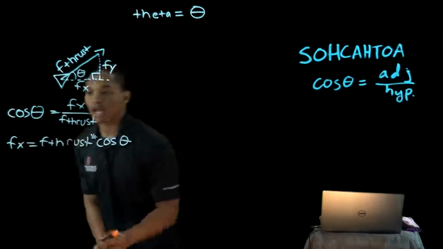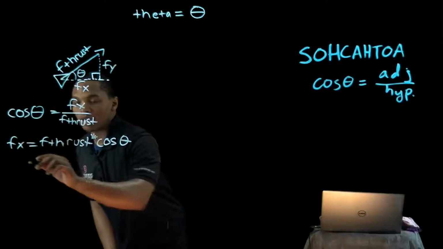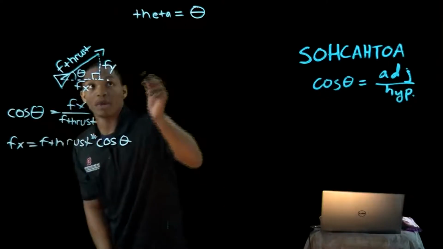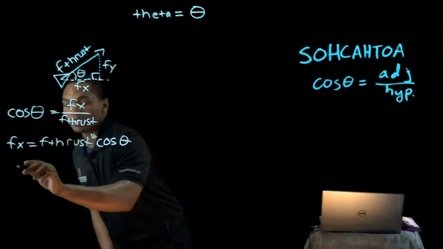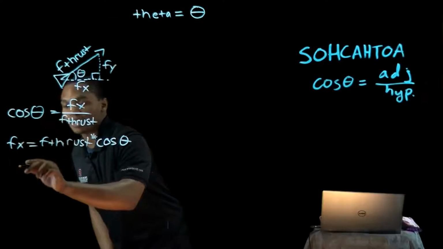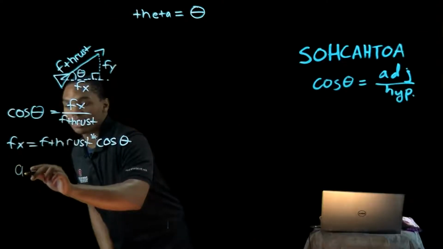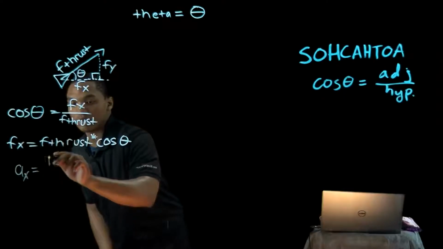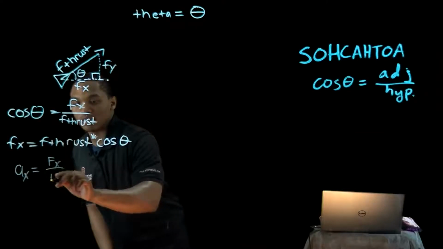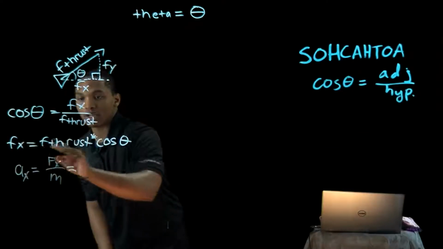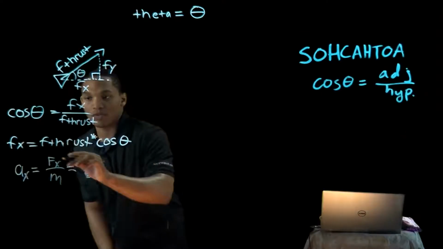And from Newton's law, our number one favorite equation is F equals ma. And our second equation is a of x equals F of x over m. So we plug in our value for F of x.